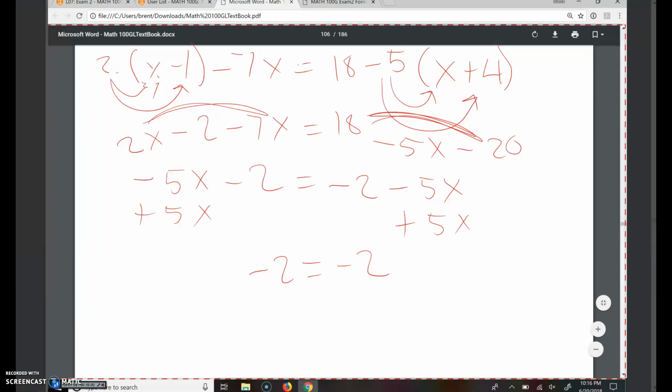You can plug in 100 for x, but as you just saw, it's just going to cancel out. So if you plugged in 100 for x, then once it's all numbers and you add everything together, it would just simplify back down to -2 equals -2. All right, so that is that one.